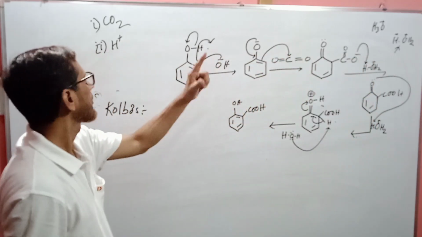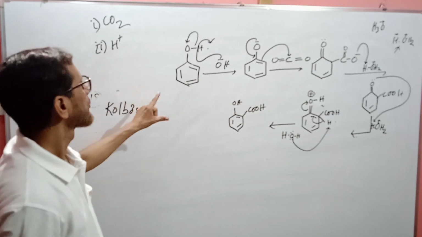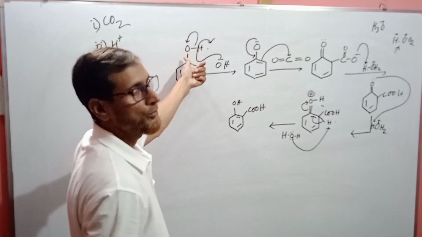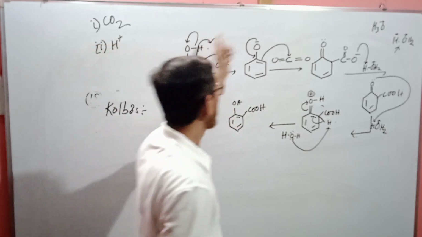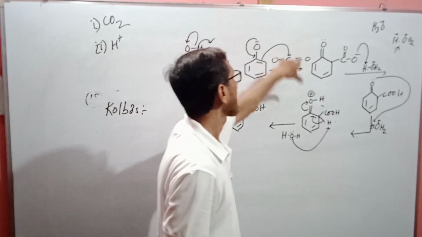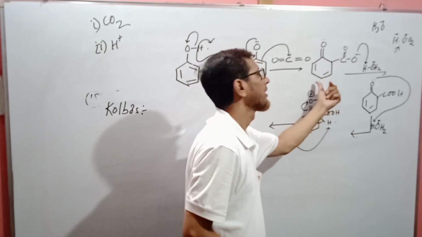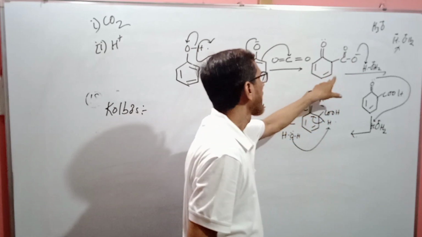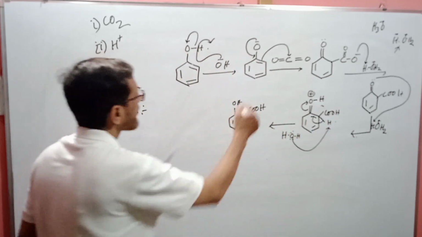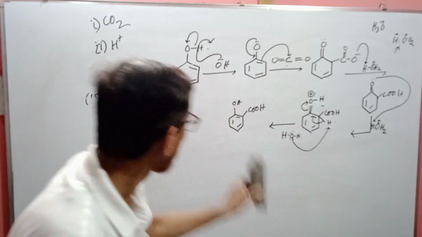So you should not alter the sequence of the reaction. This is the reason why sodium hydroxide is used with phenol, in order to make the phenol more reactive to attract CO2, which is introduced in the benzene ring, and finally we get the answer. So it is an electrophile. This is all about the reaction.